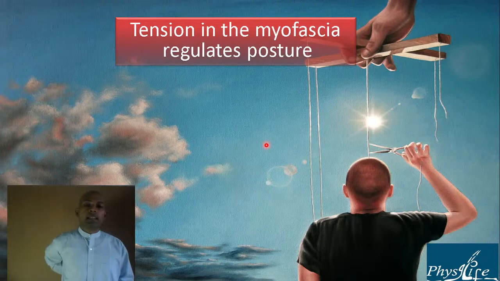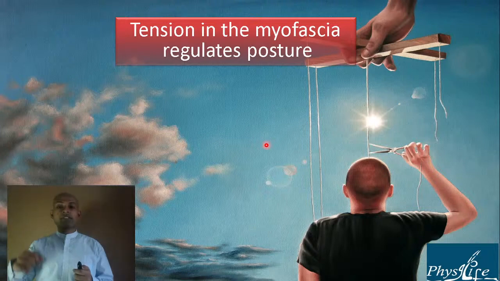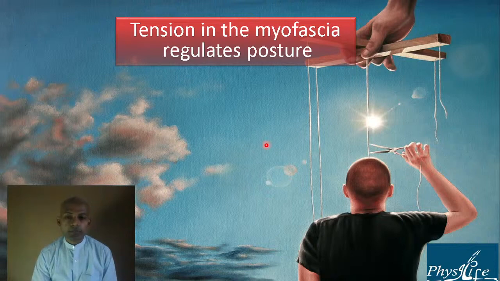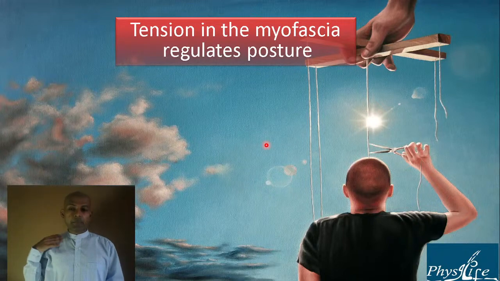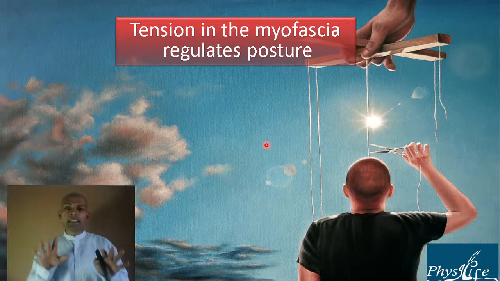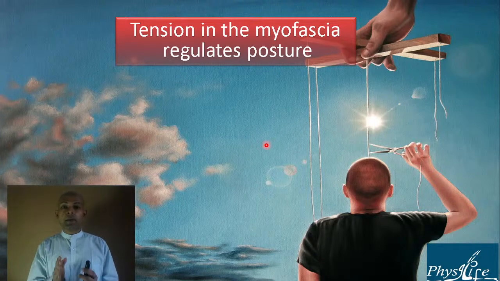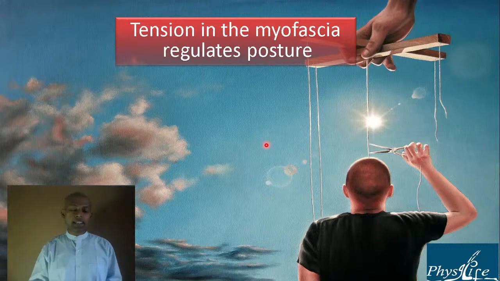Suppose I'm a puppet and the tension in my back extensors is less, I'll go into a slouch. If the tension on one side of my neck is less, my neck will go to the other side. So if there is an imbalance, posture will become abnormal. Normal posture means optimum tension all around, in all directions.